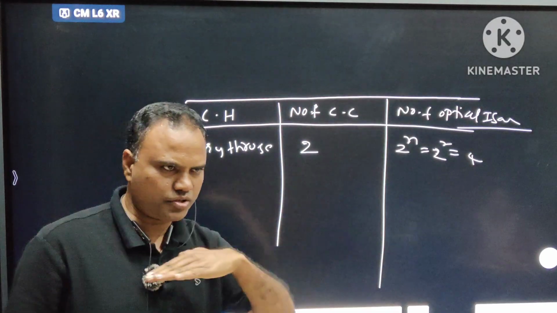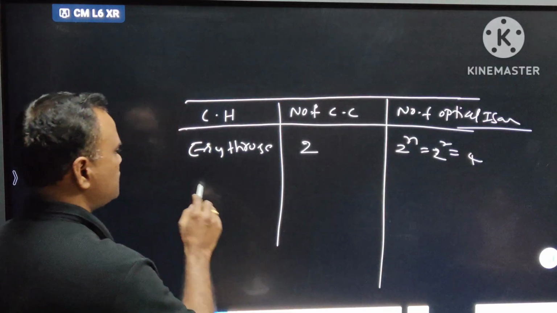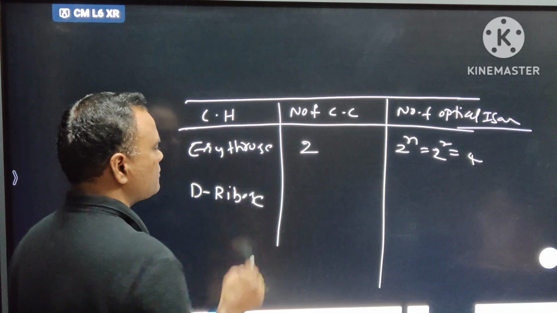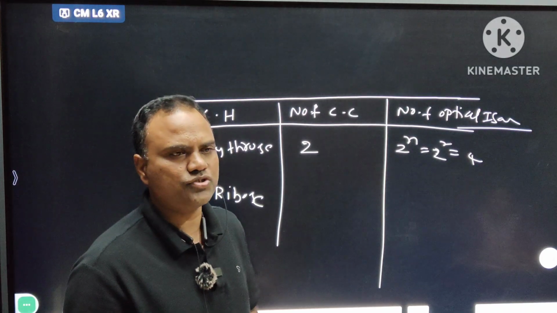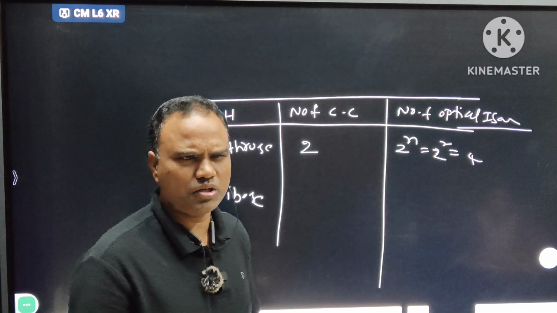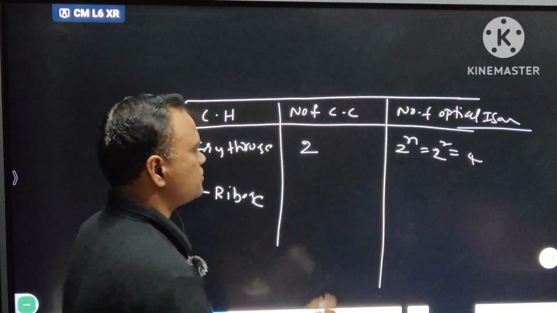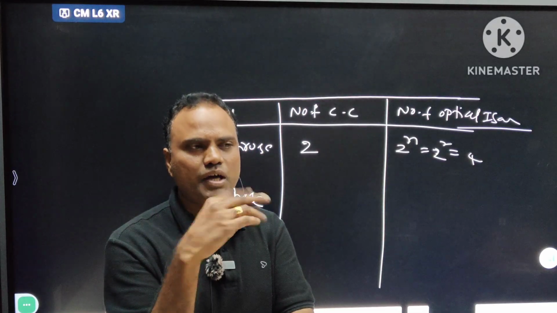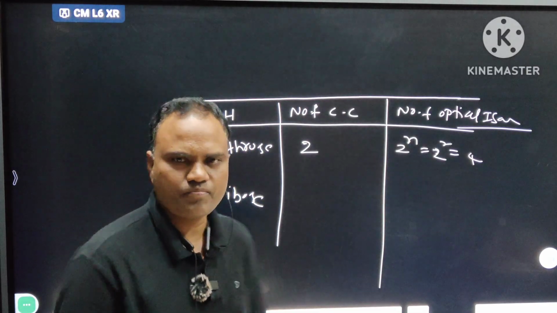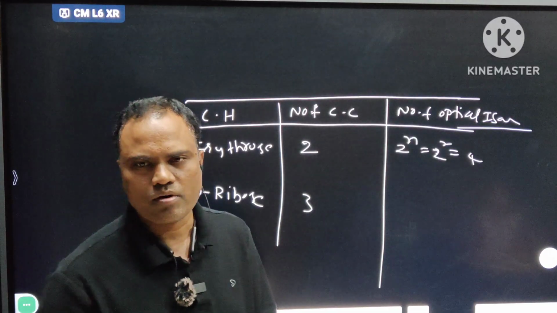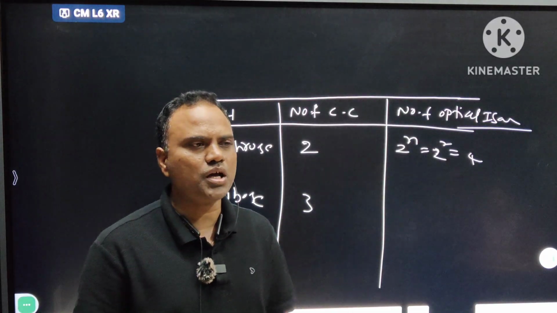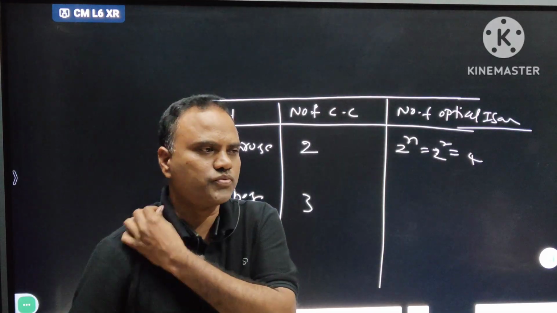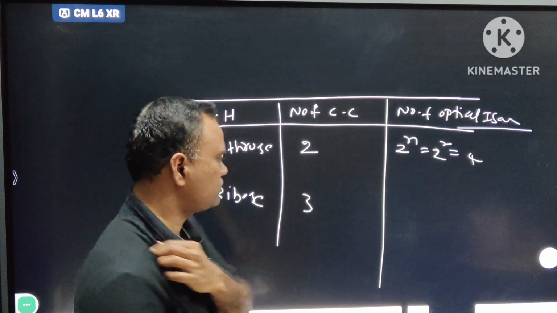Erythrose, threose, one combination. Next, D-ribose and arabinose, another combination. Ribose and arabinose are pentose sugars. In biology, pentose sugars means total 5 carbons; remove 2 to get chiral centers. If a carbohydrate has 6 carbons, 6 minus 2, that is 4 chiral centers.